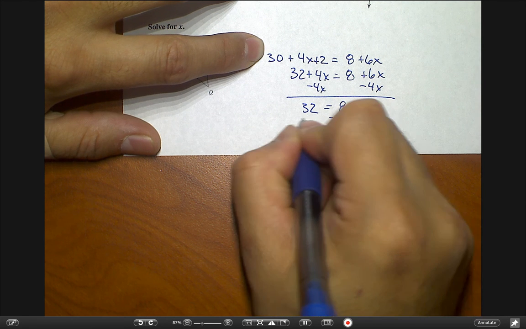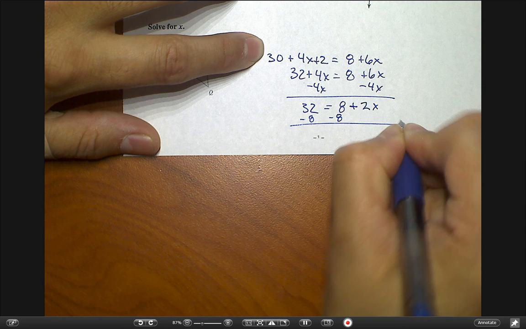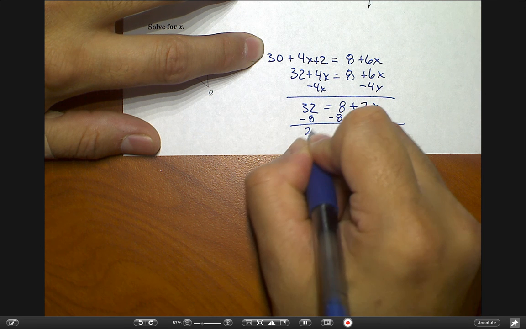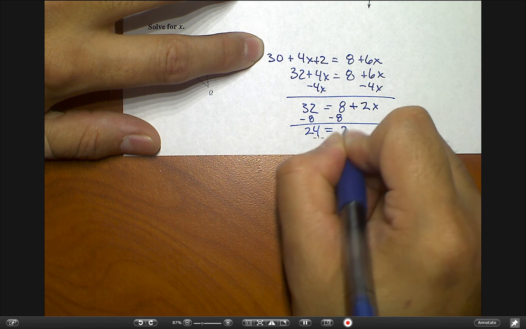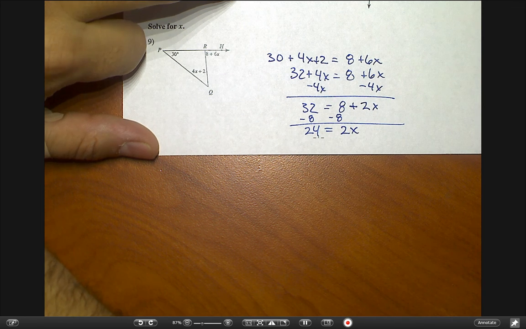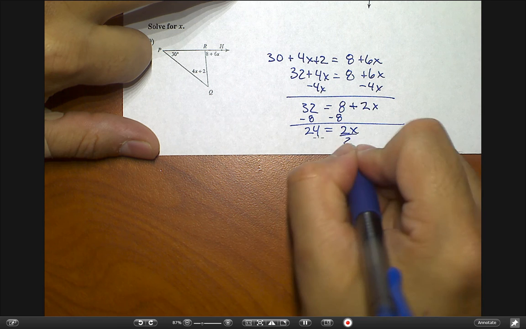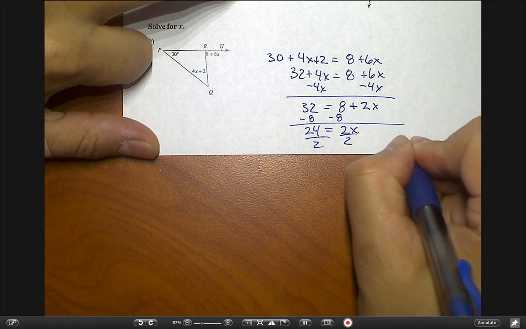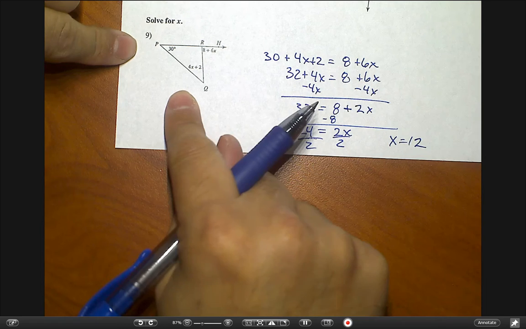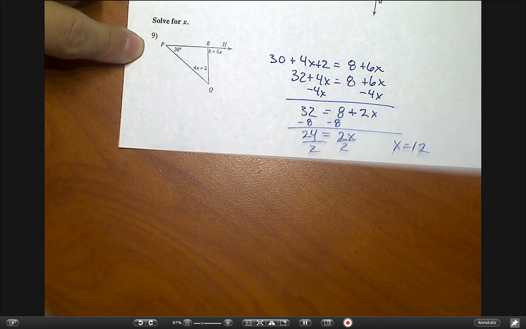Very good. So I should get 24 equals 2x. Divide by 2. 12 equals x. X equals 12.